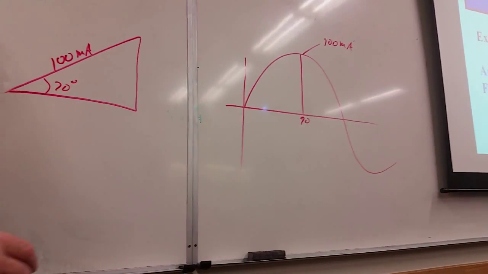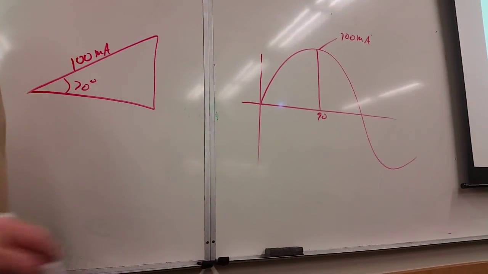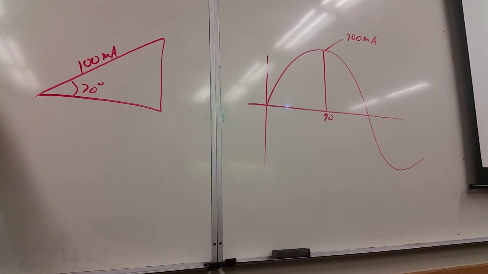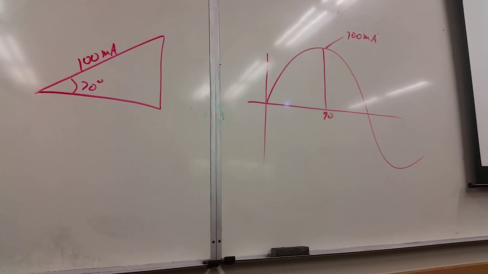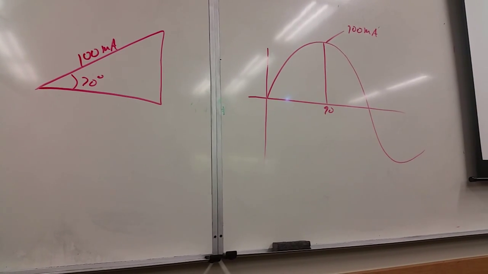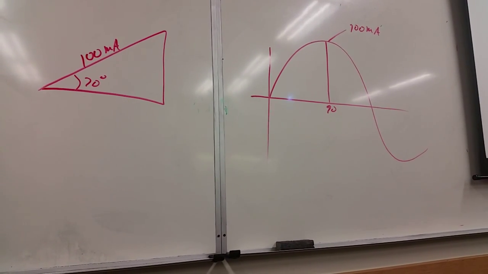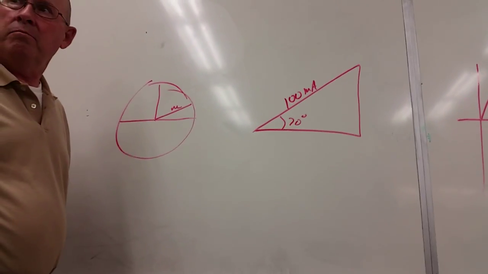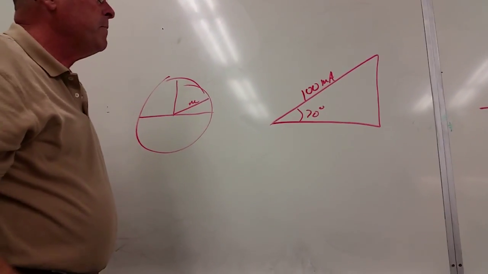Correct? How did you get that? How did I get that? Because remember that hypotenuse. Whatever this length here is the maximum value. Remember, it rotates around. That's the max value. Okay.